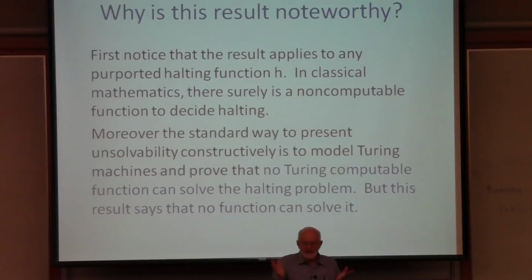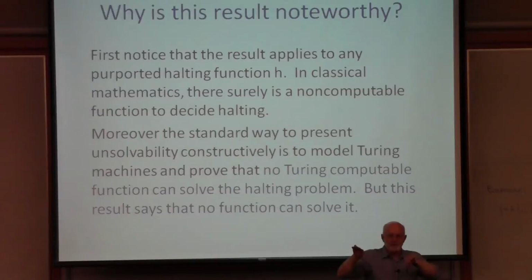There's none. In classical mathematics, that's not true. You just define some non-computable function. You say, well, there's a non-computable function that will decide it. So this result, even though I love it, I think it's incredibly neat, is classically inconsistent. So we don't put it in. We have to separate that part of our theory from the rest of it. And I'm sad about that.